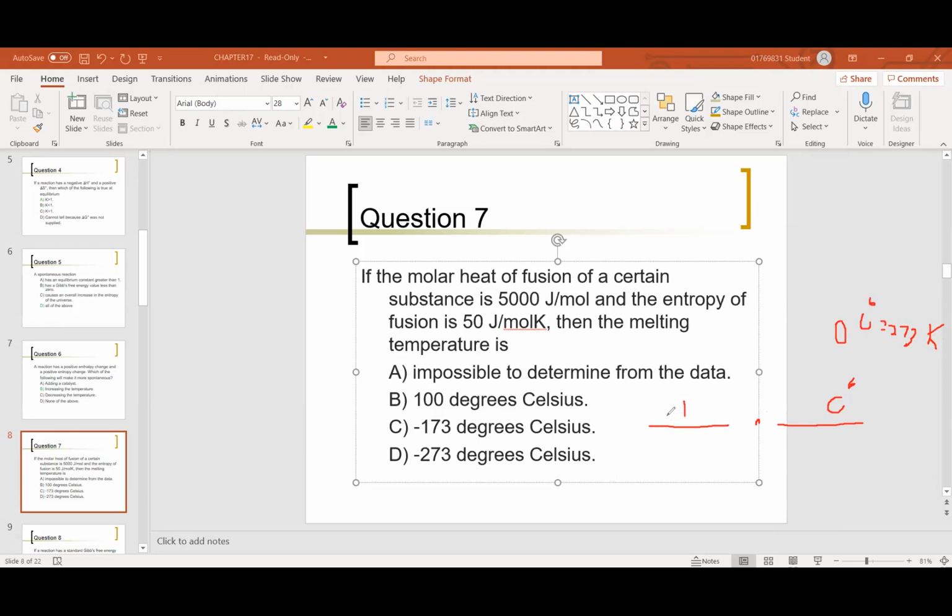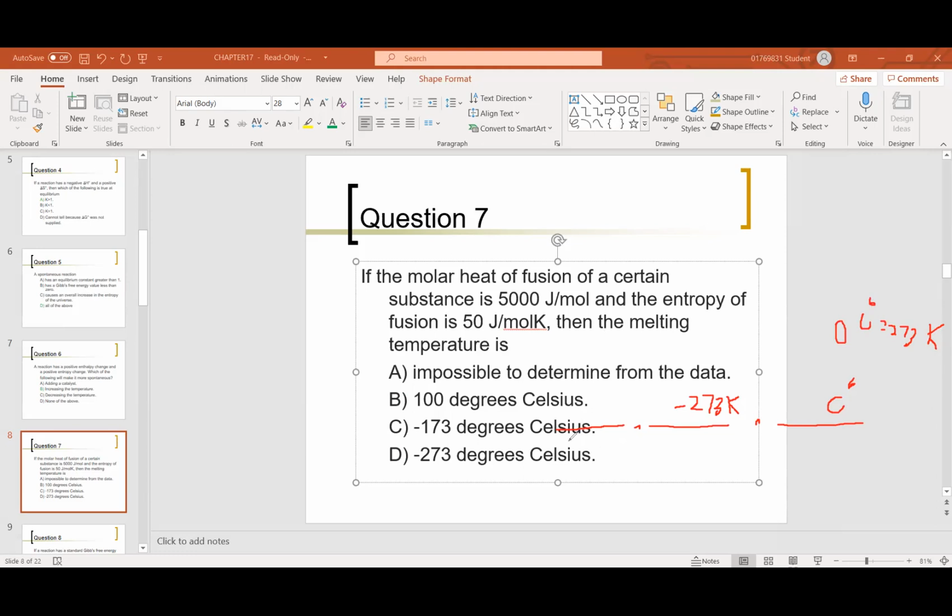So minus 273. And how do I get Kelvin on its own? How am I going to do this?